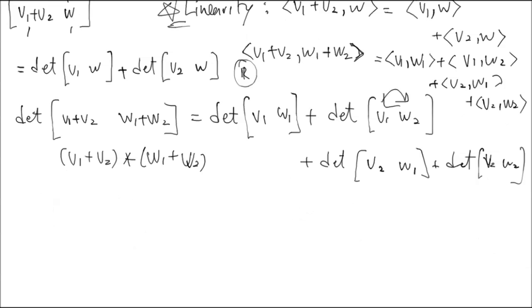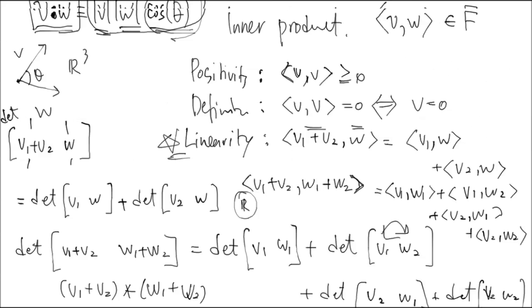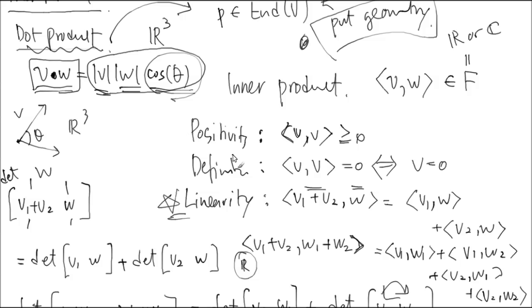And there was a scalar property as well, right? A goes outside, like that, right? Again, if it is complex, then you have to do this weird business of complex conjugate. The reason they had to do the conjugate is to preserve this positiveness.